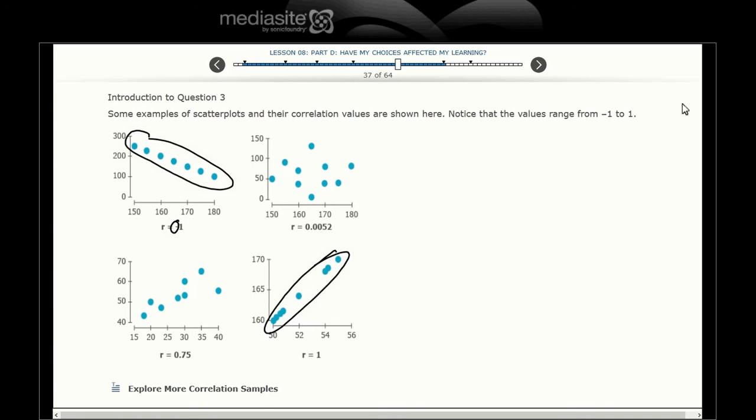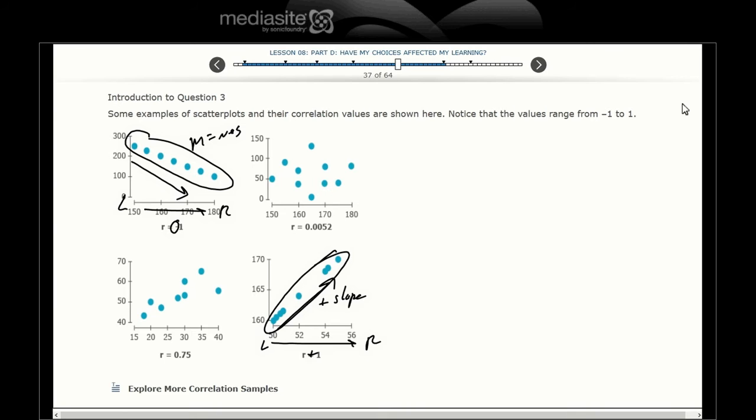If we have a negative slope, we have negative correlation. If we have a positive slope, we have a positive correlation. A positive correlation means as we go left to right the data is increasing. Negative correlation, left to right, is decreasing.